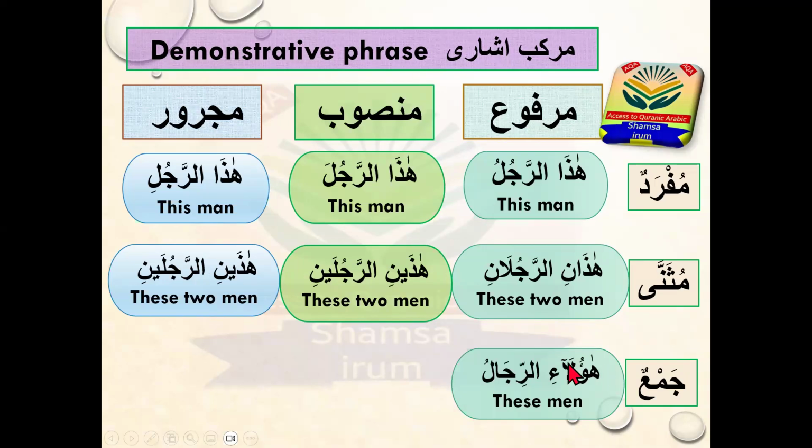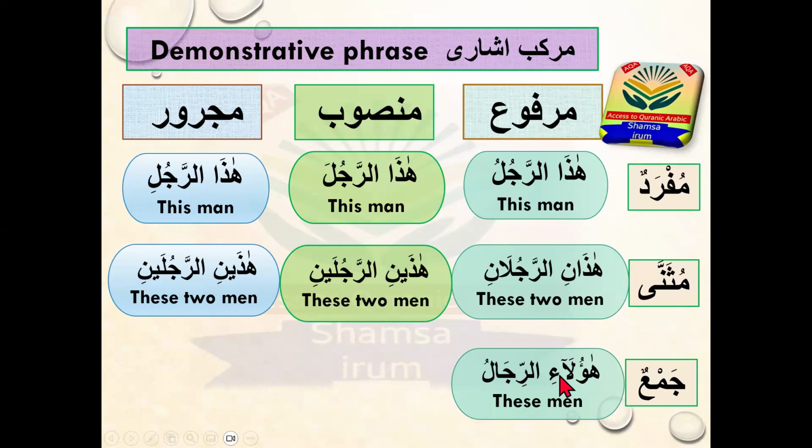This time I use haula'i for the plural. It is a plural word, and we use it for both masculine and feminine, but at the moment we use it for the masculine. And ar-rijalu is a broken plural of aqil, not ghair aqil. It is a broken plural of rajul, rijal.